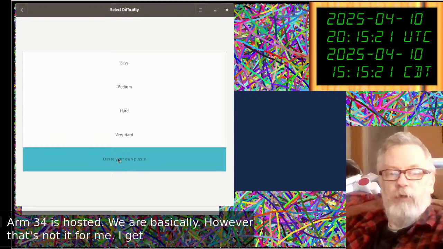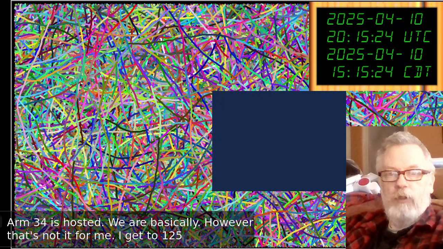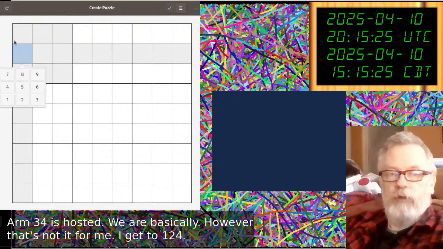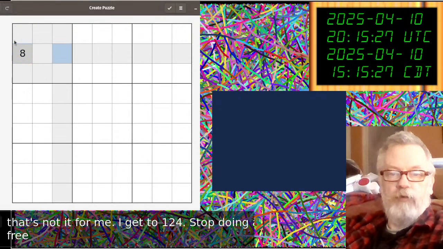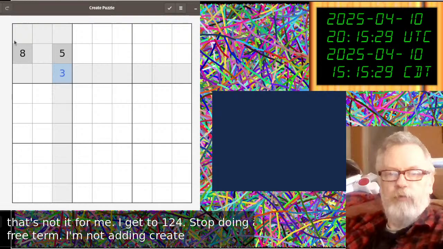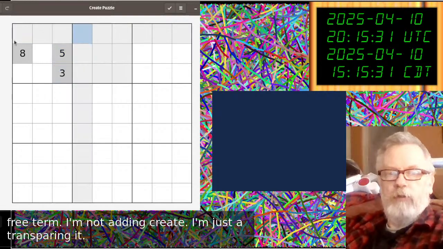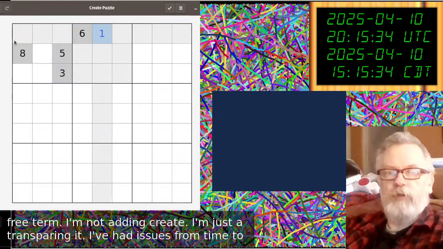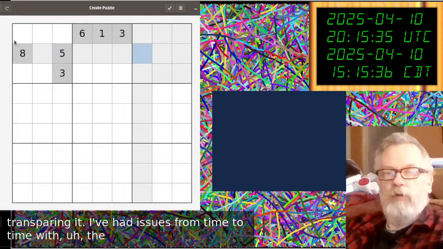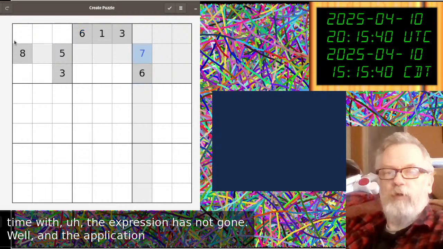So, doing a create our own puzzle. I'm not actually creating it. I'm just transcribing it. I've had issues from time to time where the transcription has not gone well, and the application will tell me that I'm left with too many possible solutions.